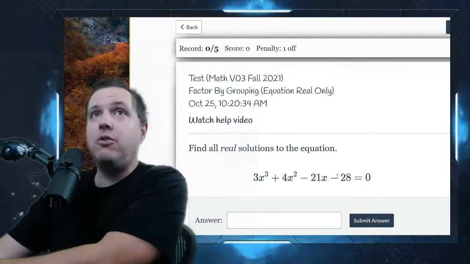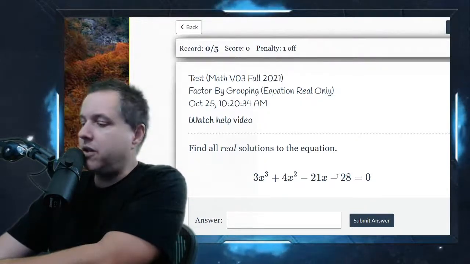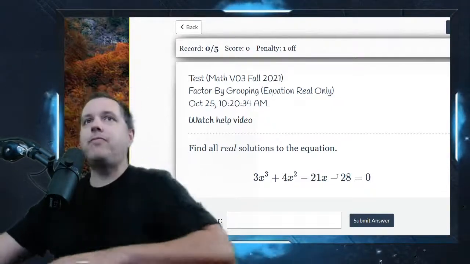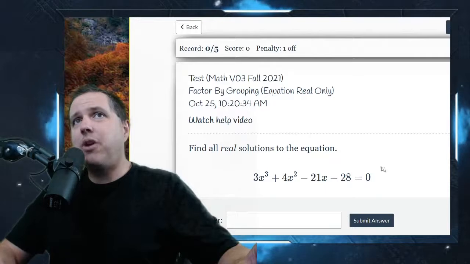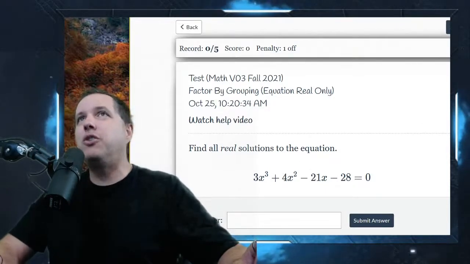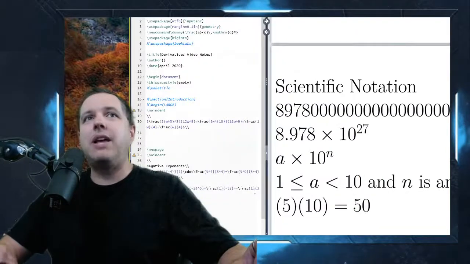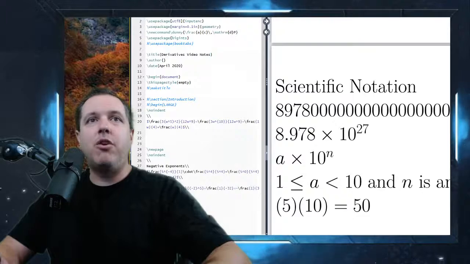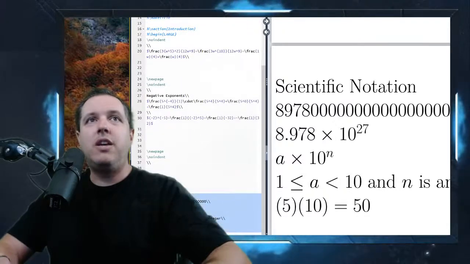So 3x cubed minus 4x squared minus 21x minus 28 equals 0. This problem I would not put on the test, right? This was put on a homework to kind of stretch you a little bit and see if you could expand. Are you up for the challenge of doing that? Some people are, some aren't, but it's a good exercise either way.